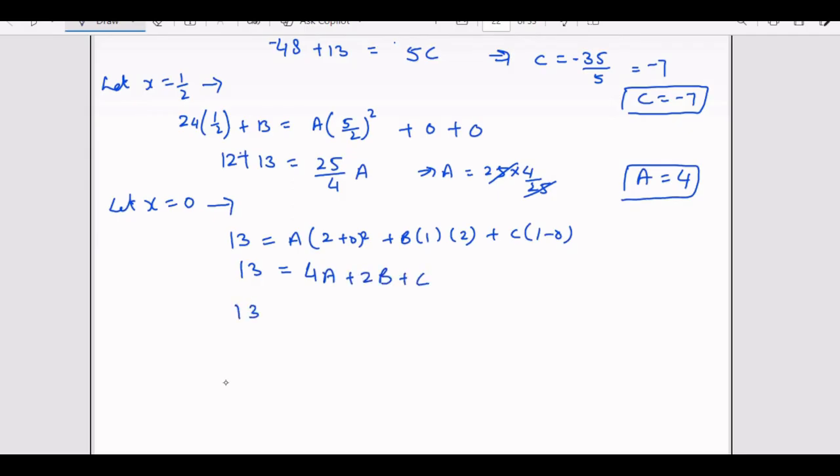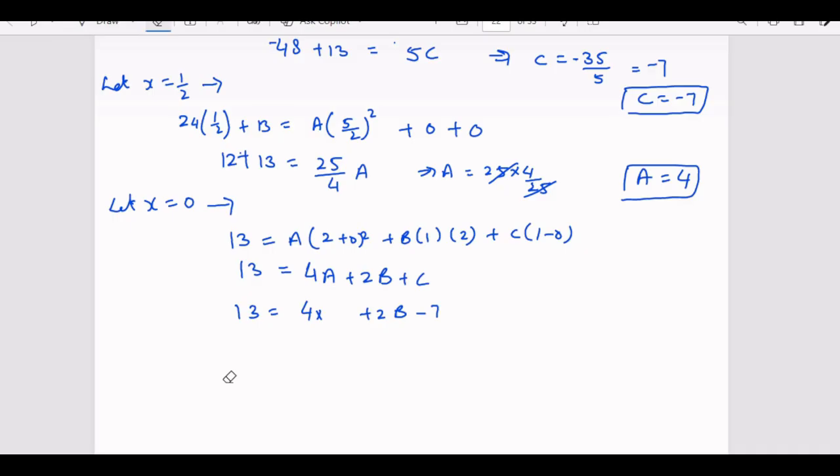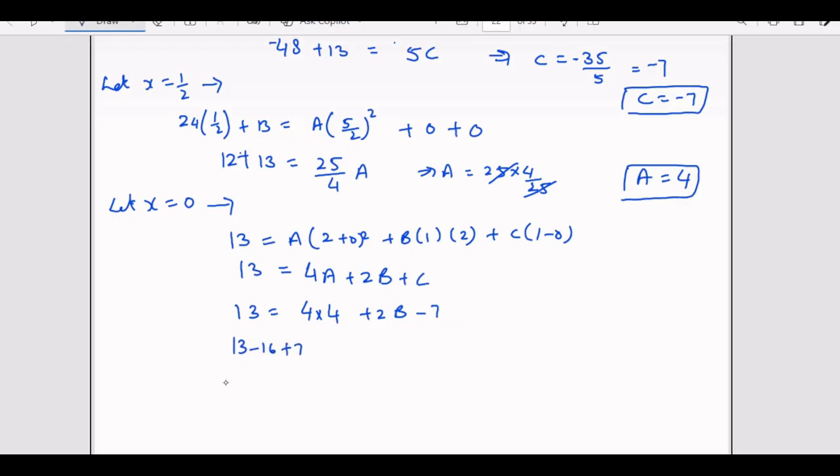Now we already have the values of a and c. So 4 times, and 2b, and c is negative 7. Okay, so sorry, a is 4, this is 4 here. So 13 minus 16 plus 7 is equal to 2b. So we get b equals 2. So we got the values of a, b and c.